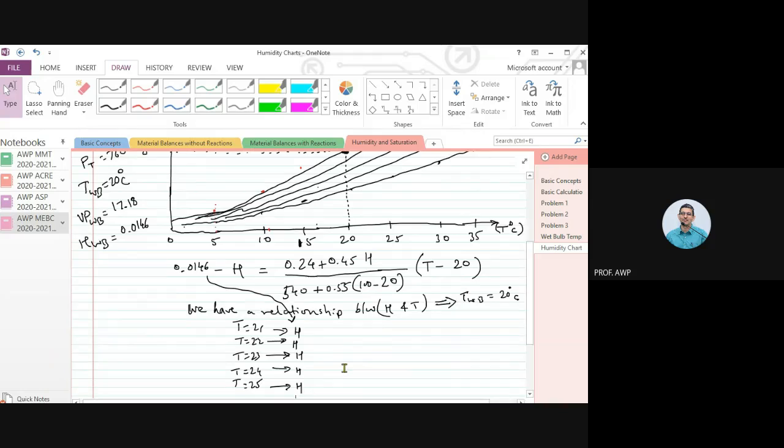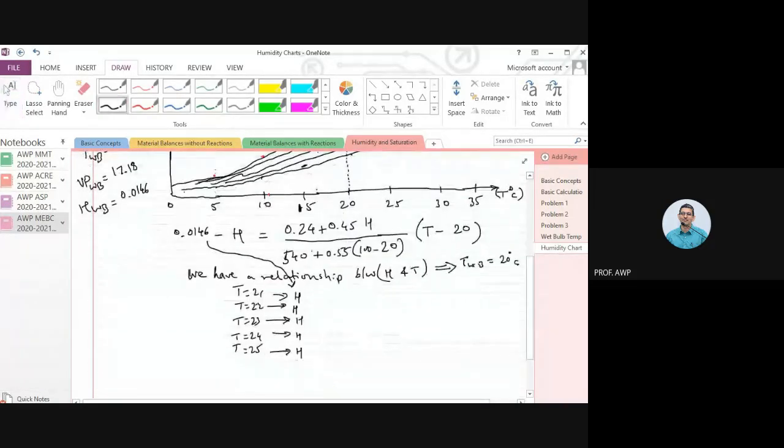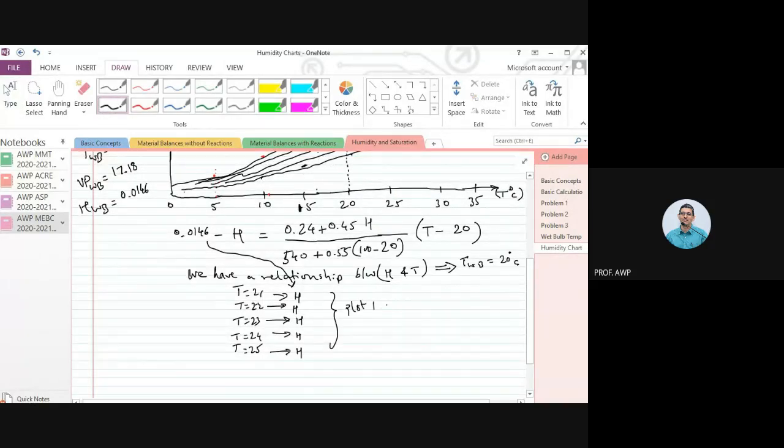If temperature goes up, what's going to happen to humidity? And I want you to plot these points. The humidity will decrease. Yes, humidity will decrease. Calculate and plot these points on this graph.